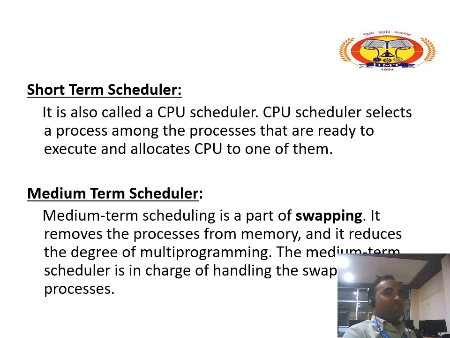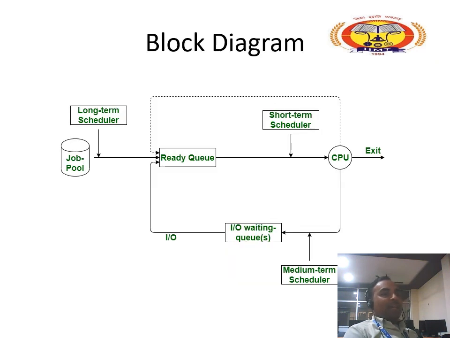My dear students, you can understand it with the help of a suitable diagram. The diagram is given here. This is the job pool. Listen very carefully. From the job pool, the long-term scheduler selects the jobs and takes them into the ready queue, right?